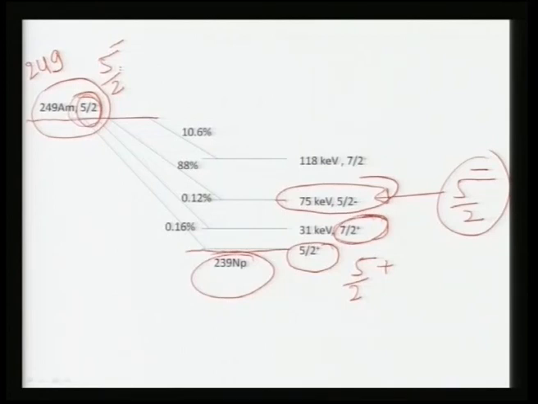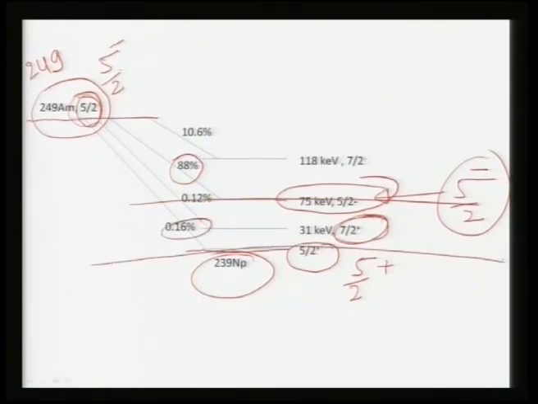Coulomb barrier, remember, will be decreased with L equal to 0. Although it is going to the excited state, and Q value is also decreased, the combined effect is that the total branching is 88% here. So, 88% of the time it decays to the second excited state, only 0.16% of the time to the ground state, and so on. Okay. So, we will stop here and we will go ahead.